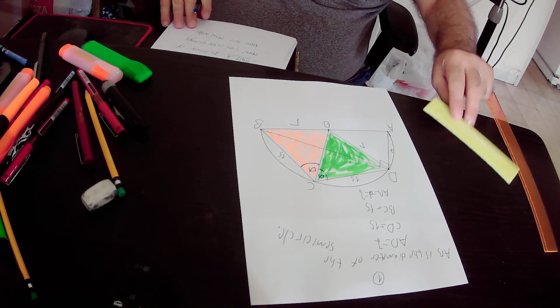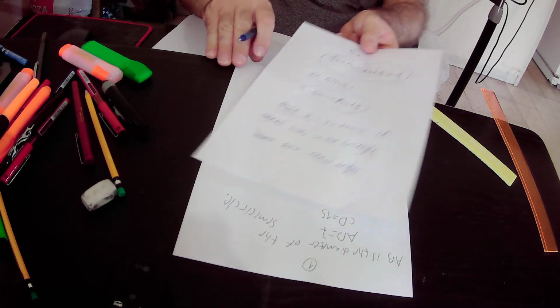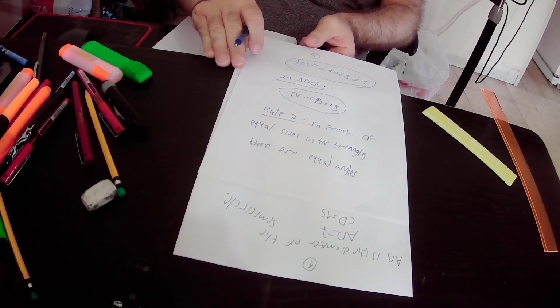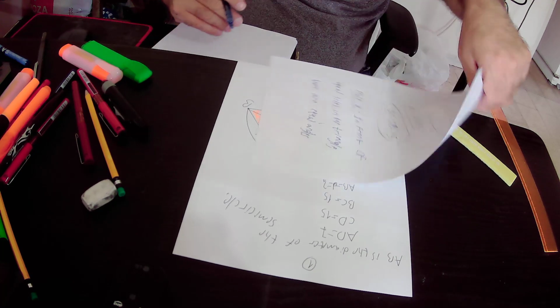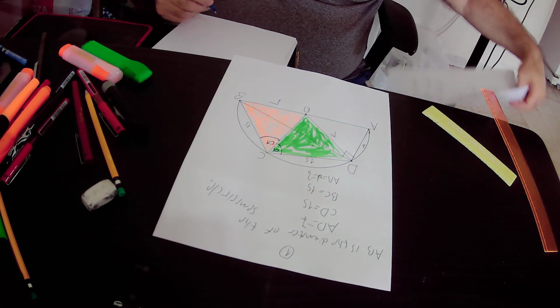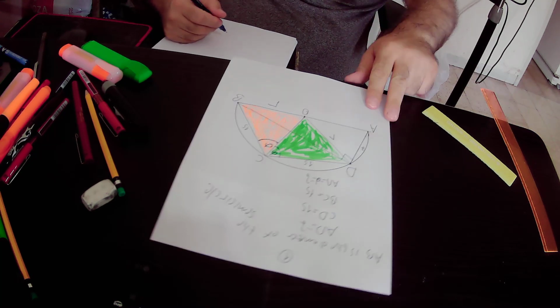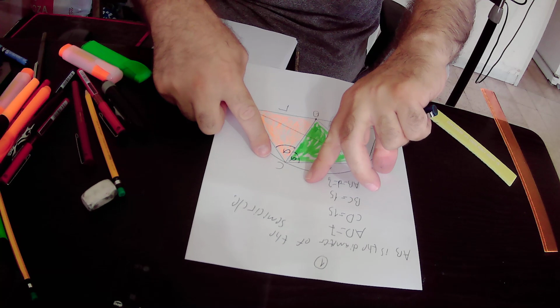So I will read rule number 2 again. Rule number 2 states that in front of equal sides in the triangle there are equal angles. According to rule number 2, we have in triangle DCB two sides that are equal to each other.